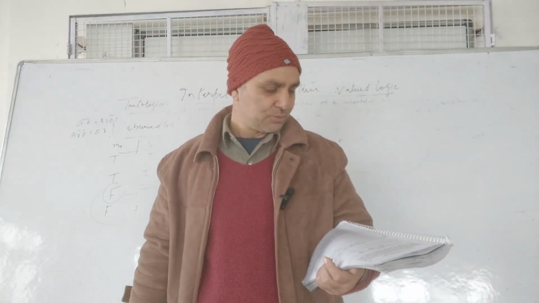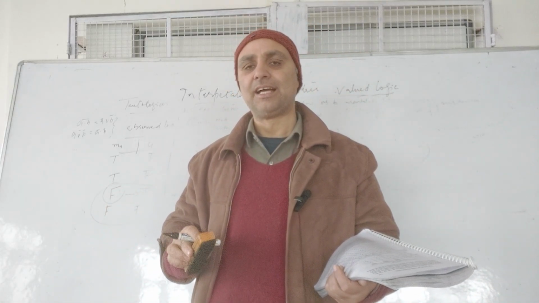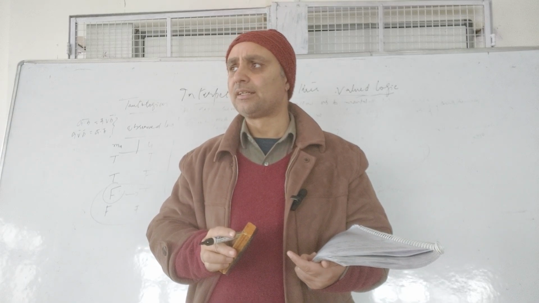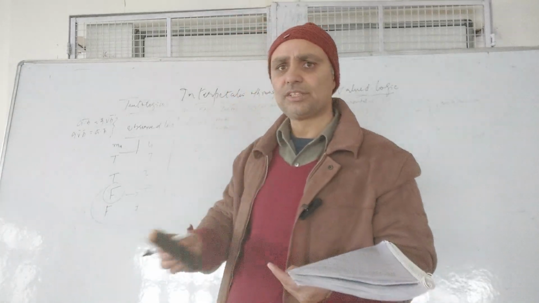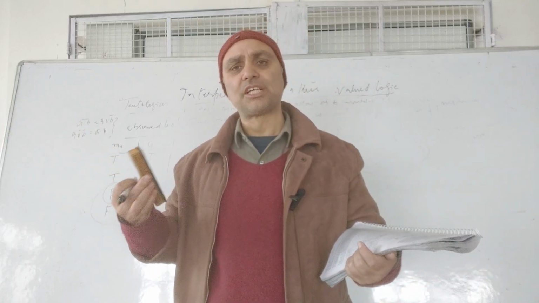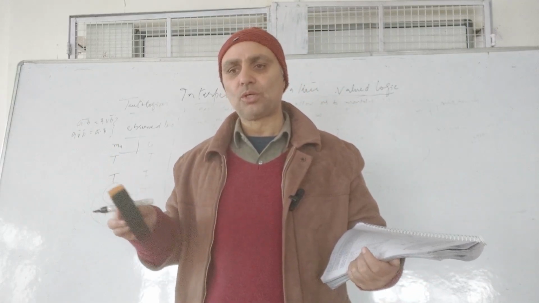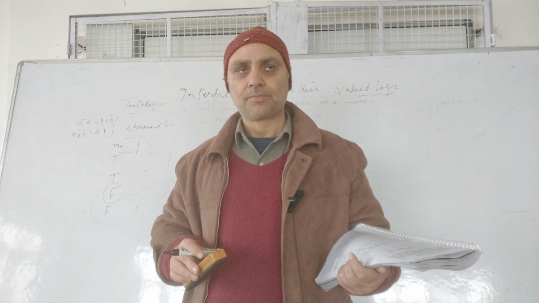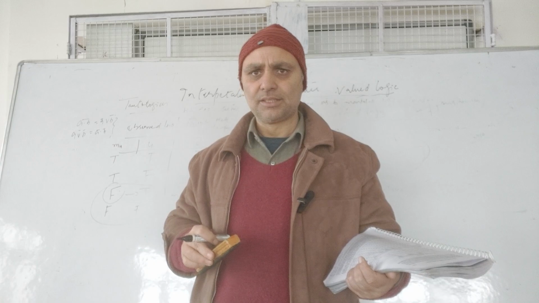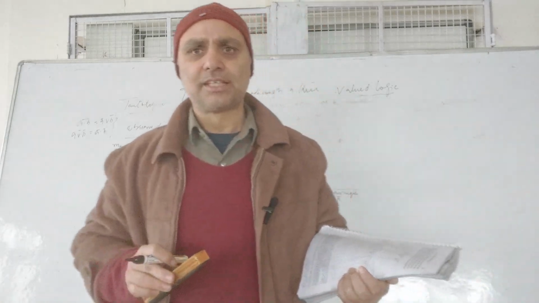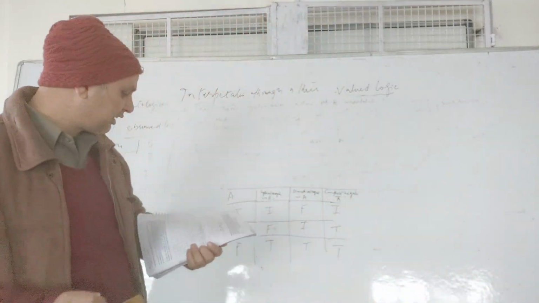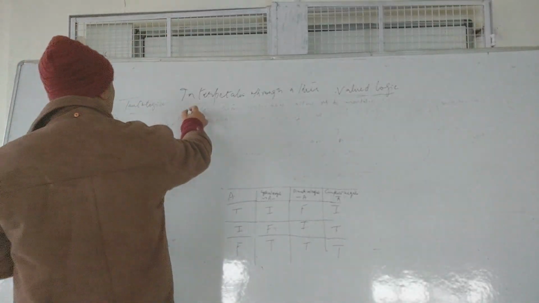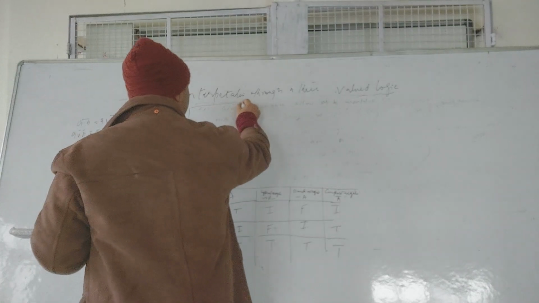But here we have truth, false, and indeterminate, and we are going to construct this table in a very general sense. In some cases, the two-valued logic can be seen as a limiting case of three-valued logic in some particular sense. But the construction of three-valued logic in a very general sense, if we want to make a table out of it, is like this.